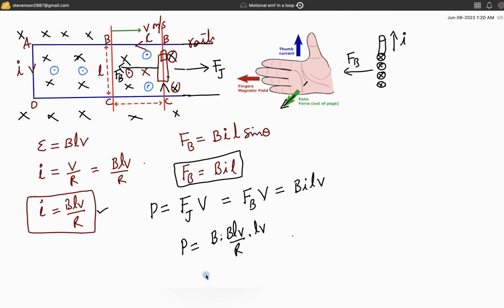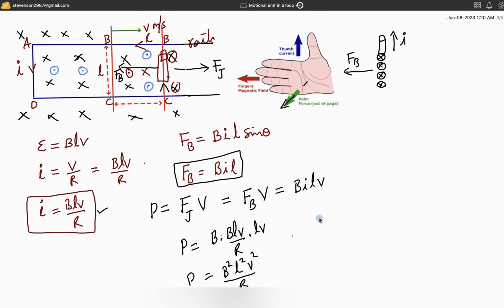So overall this becomes B squared L squared V squared over R, which is the power, or rate of doing work by the external agent. So if this is the rate of doing work by the external agent, what is happening to this work done? That work done by the external agent should somehow show up in the loop itself in some form of energy.